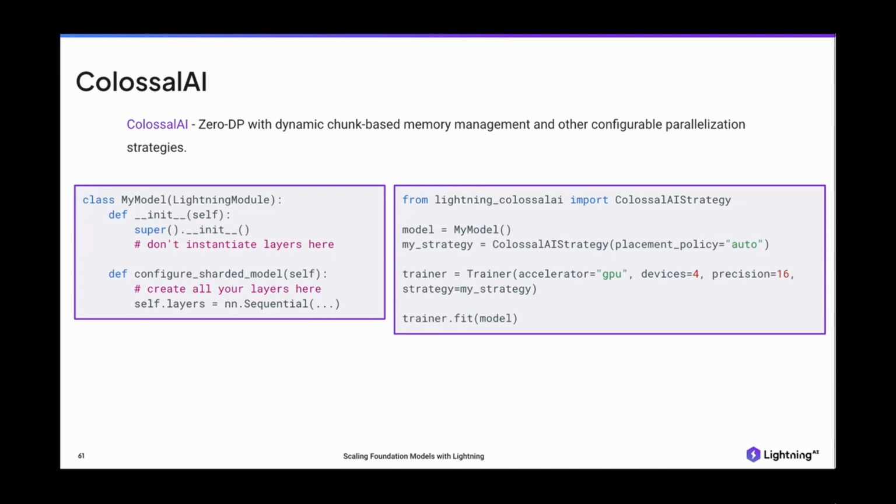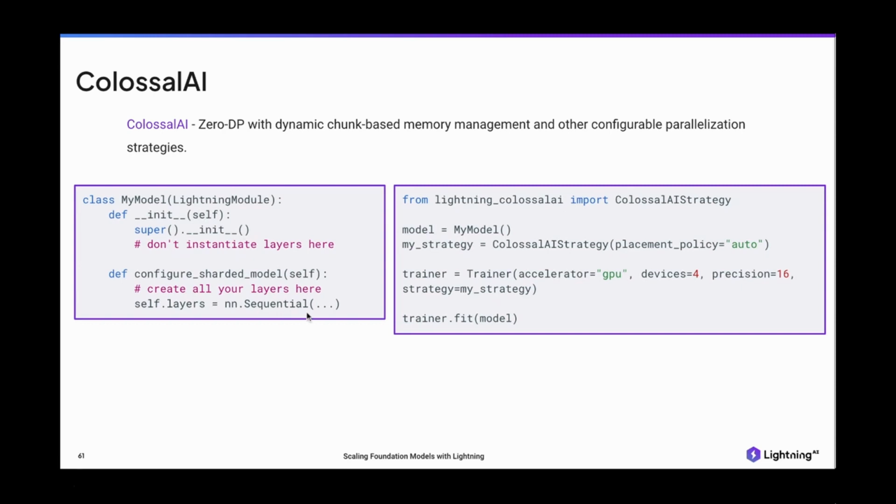We have support for others. I just want to mention Colossal because they have had very nice growth. Again, it's a zero data parallel, which is similar to the approach that DeepSpeed has. But on top of it, it has dynamic chunk-based memory management, where the placement can be automatic and dynamic, so it will optimize as it goes according to the size of the model, the devices you have, and so on.